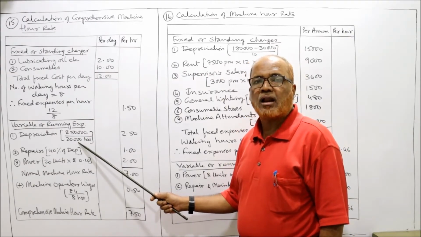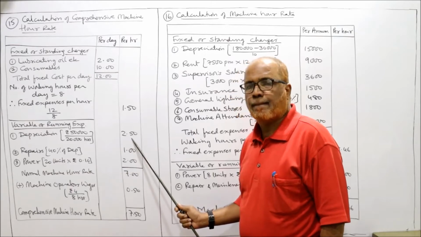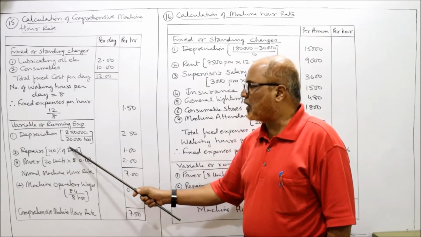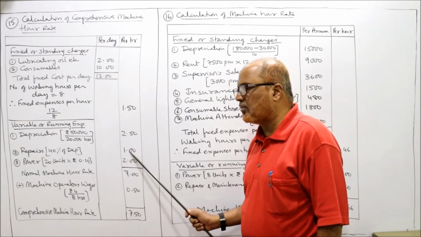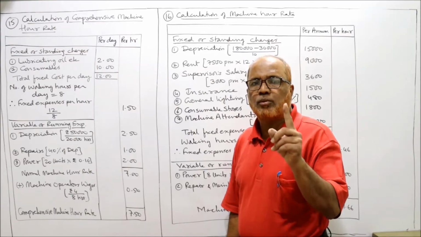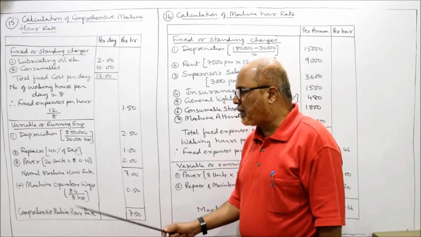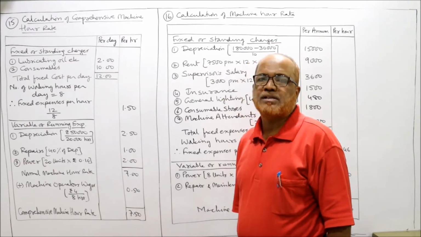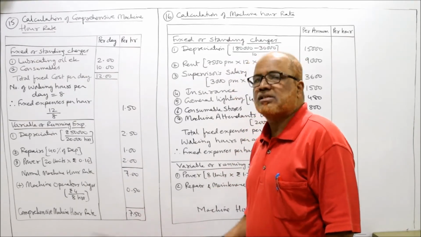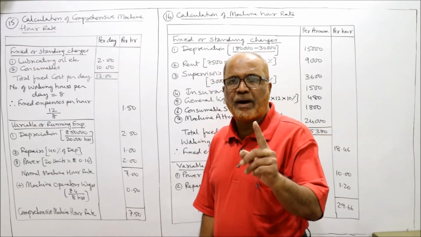So per hour depreciation 2 rupee 50 paisa. Repairs are given as 40% of depreciation. So 40% of 2 rupee 50 paisa, you will get 1 rupee. Power cost is 20 units are consumed per hour and the rate of power is 10 paisa, 0.10. So 20 into 0.1, 2 rupees is the power usage per hour.